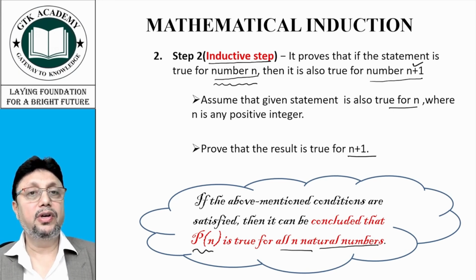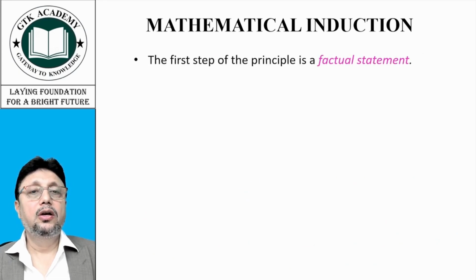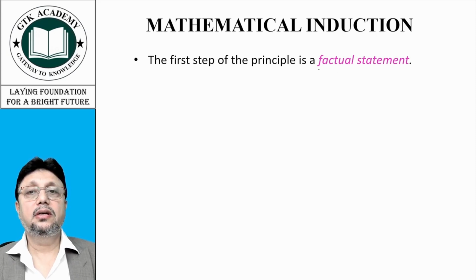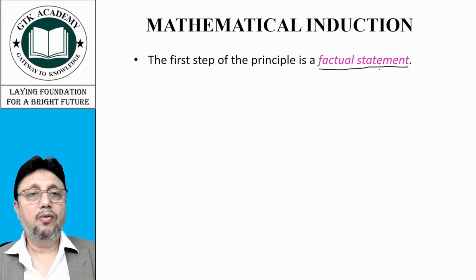The same analogy which we used in the example of the toddler climbing the stairs: if he climbs the first, he'll climb 1 plus 1, that is 2, then 2 plus 1, that is 3, and so on and so forth. The first step, which is the base step, is a factual statement, meaning you have already proved that it is true for n is equal to 1, say.